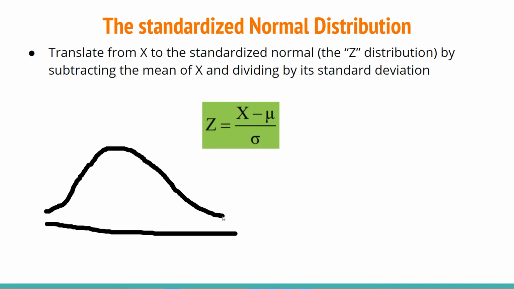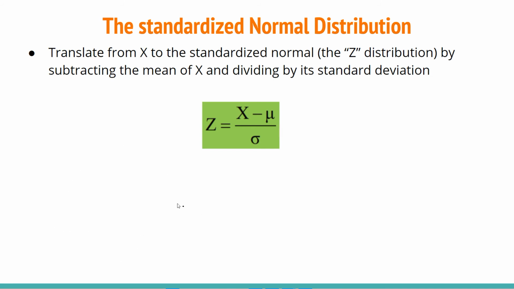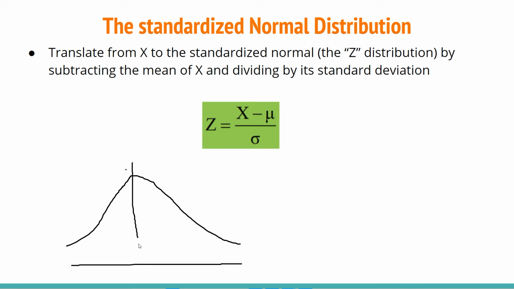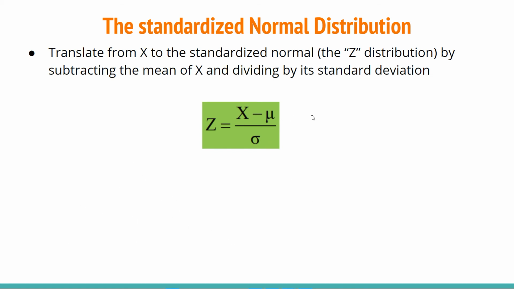This is the curve of a normal distribution, and this is our mean, known as mu, and of course we are going to have this score. Okay. So, let us now move forward.